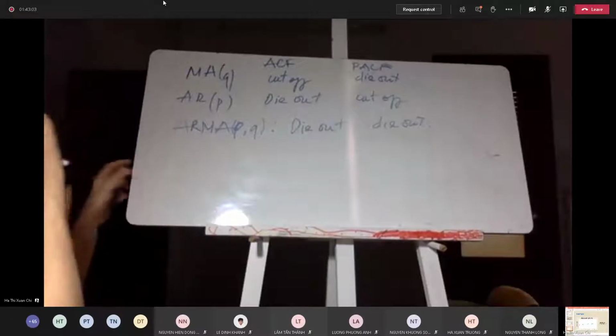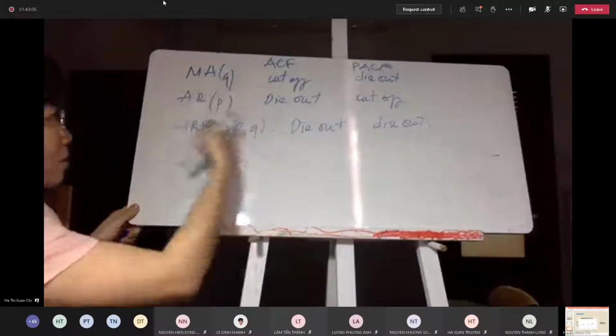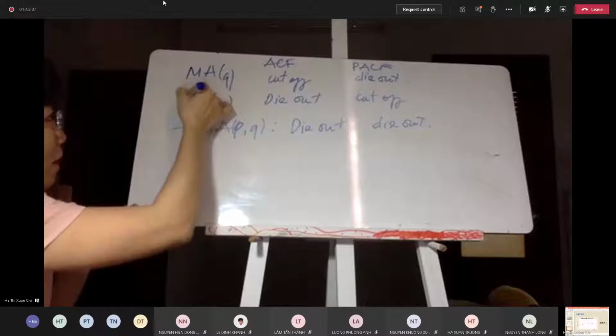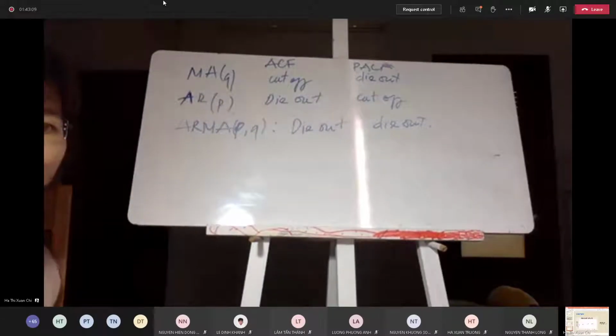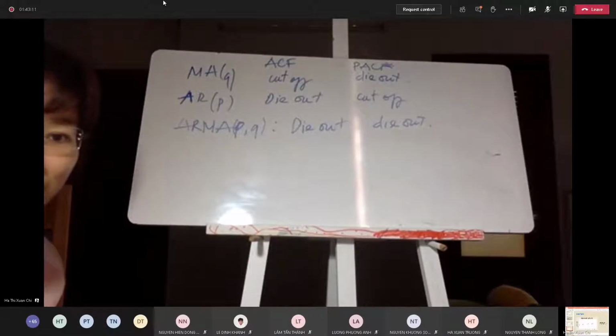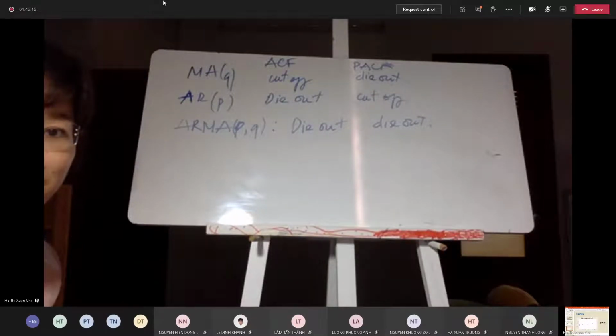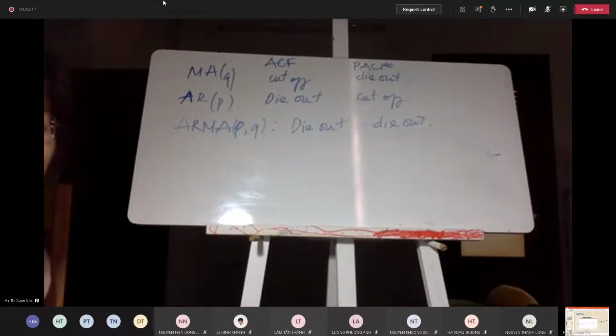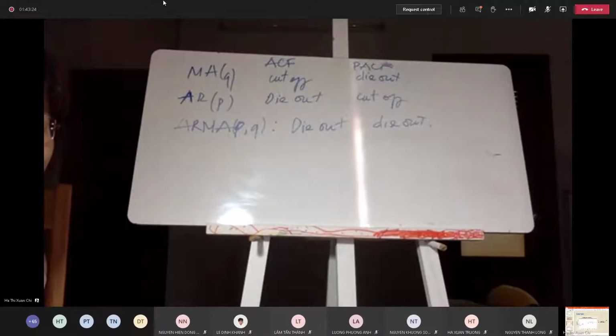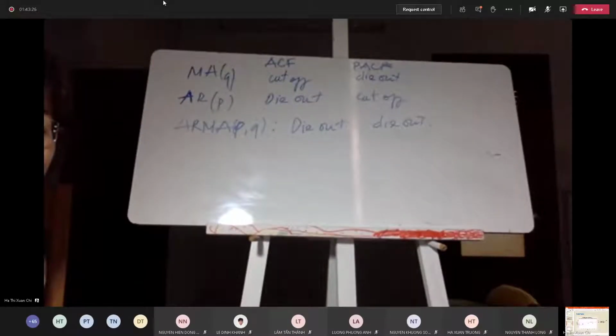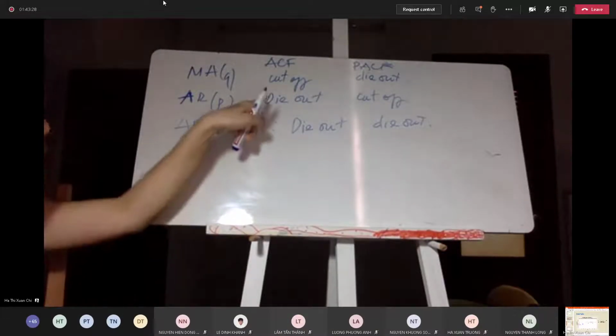So if you look at this, so AR, if you look at model AR, you can see here that the autocorrelation dies out after 0.